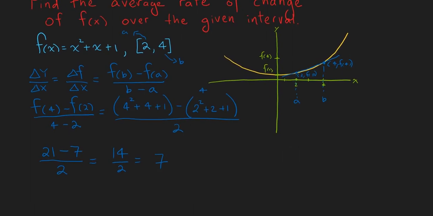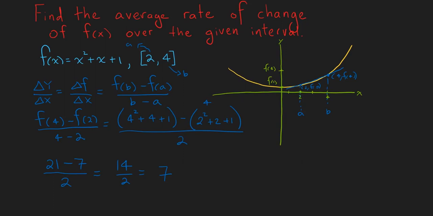And it's important to note that although we have a positive slope, which means that our function is climbing over the interval 2, 4, it doesn't necessarily mean that our function is always going to be positive over that interval. In other words, if we have an average slope that's positive, it doesn't mean that the slope is always positive over that interval.